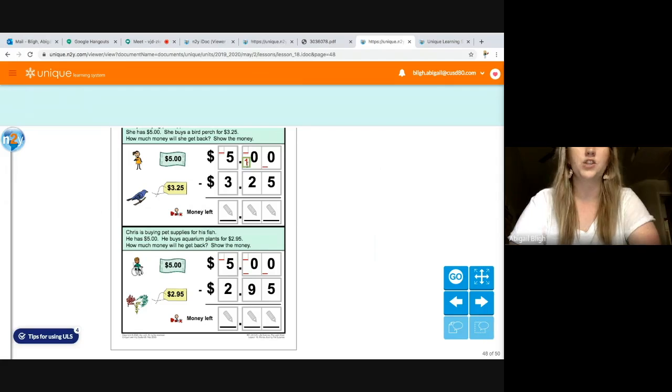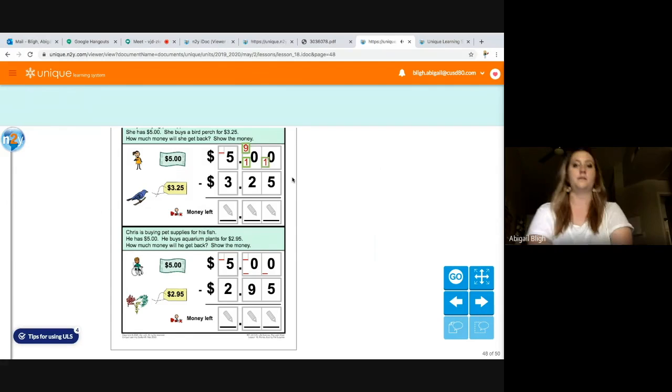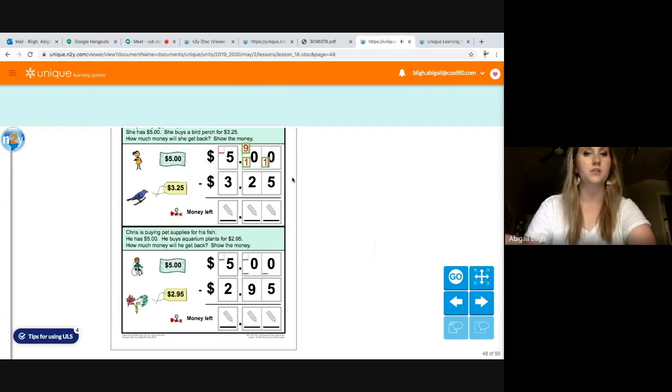Now I can borrow from next door. So if I borrow 1 from 10, what's 1 less than 10? 9. So this becomes a 9. I know that's confusing. And this becomes a 10. Okay, if you have a better way of writing it on your paper that's easier for you to understand, you can. So now I can do 10 minus 5.